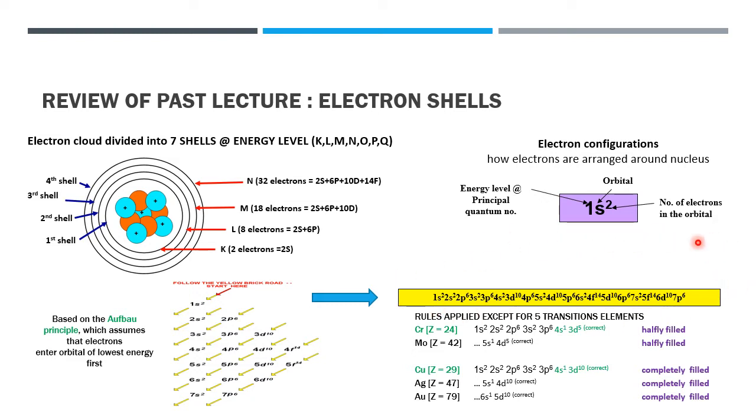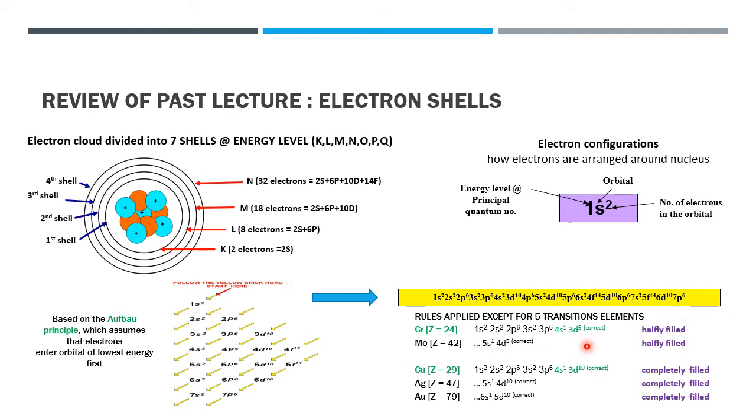It is applied to every element except for these 5 transition elements. Chromium and molybdenum only have half of the maximum number of electrons in the shell. For example, for s the maximum number should be 2 in the s orbital, but here we only have 1, and for d we have a maximum of 10, but here we only have 5.